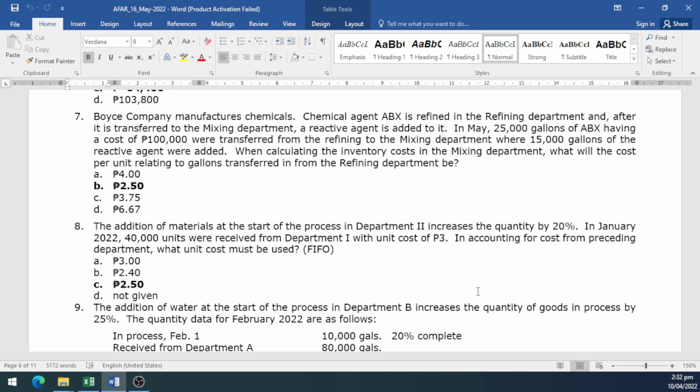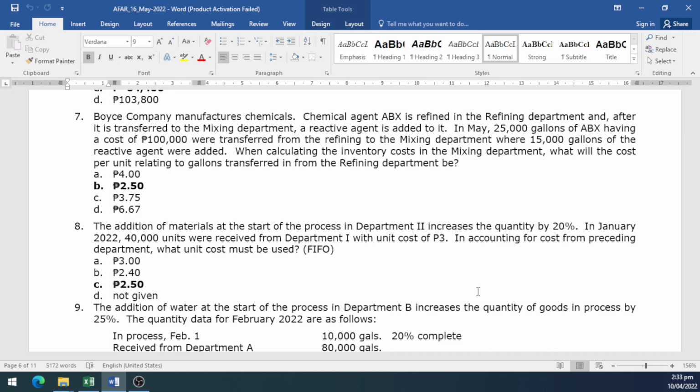Addition of materials, that will increase the volume or the quantity. 15,000 gallons were added. So yung na-receive mo, 25,000 gallons, when the reactive agent is added, 15,000 gallons, the volume now of the units in the process is no longer 25, 40,000 gallons na. Mayroong increase in quantity na tinatawag.